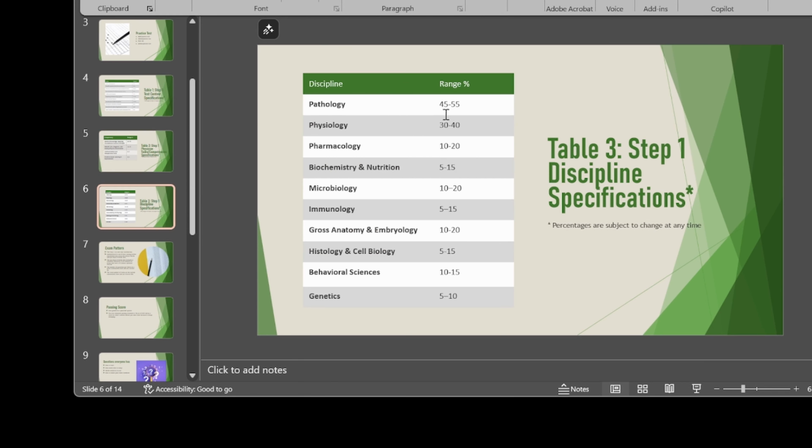And pathology accounts for 45 to 55%, physiology 30 to 40%, pharmacology 10 to 20%, and these percentages usually change. You should keep track of this. So it will give you just a rough idea how the percentages work.